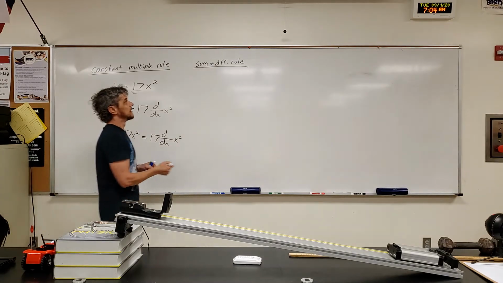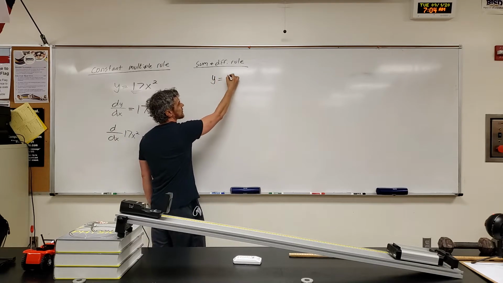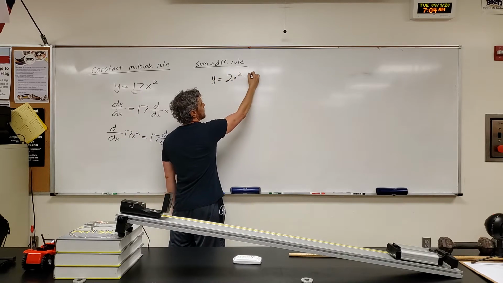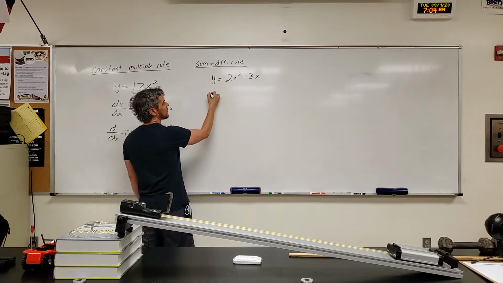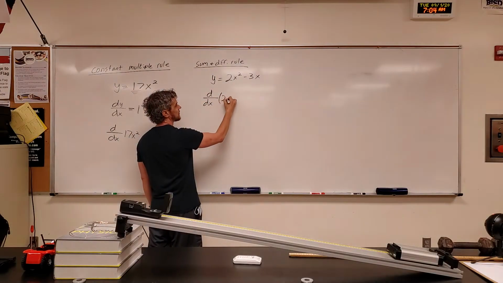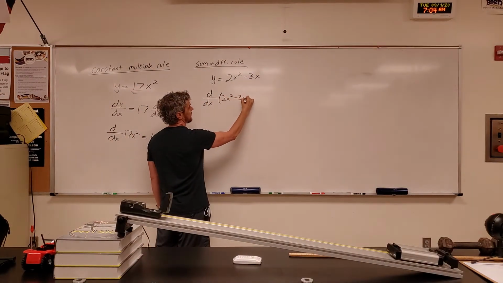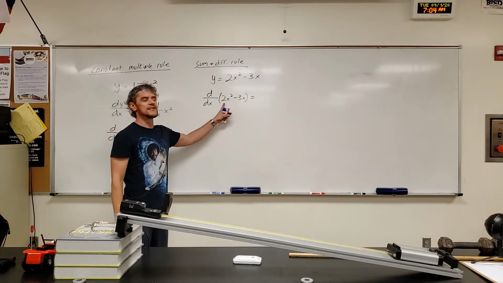Now the sum and difference rule says that if I have a function, say y equals 2x squared minus 3x, then the derivative with respect to x of this function, so this is a way to notate that, is just going to be the derivative of each individual term.